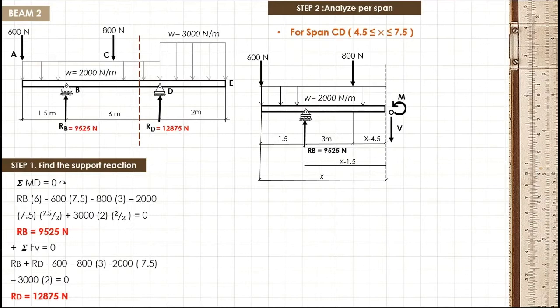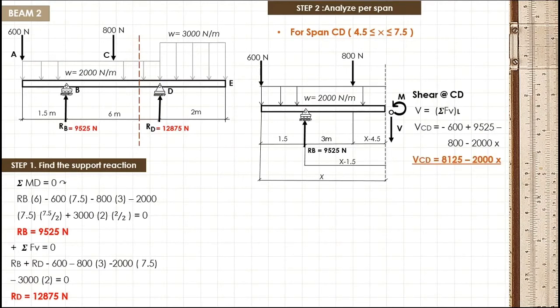Due to imbalance, the fibers in our beam will have resisting shear and moment. For shear CD, we have the summation of vertical forces considering the loads and forces at the left side of our section plane. Now we have negative 600 plus 9,525 minus 800 minus 2,000 multiplied by x.